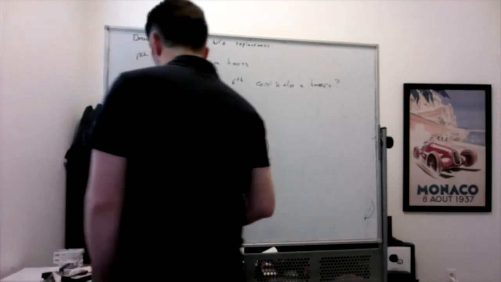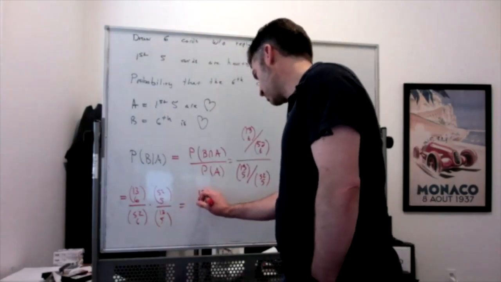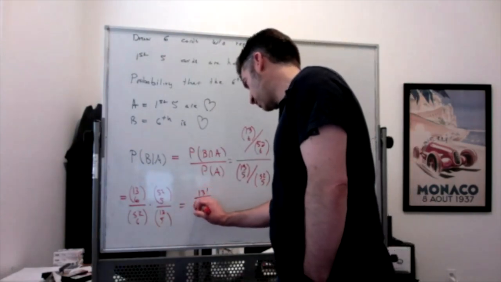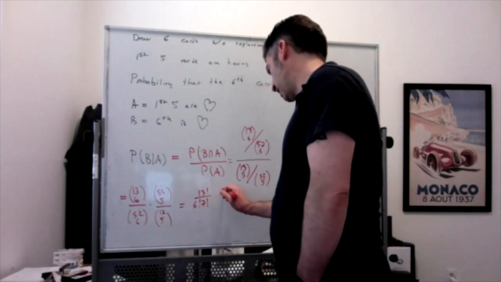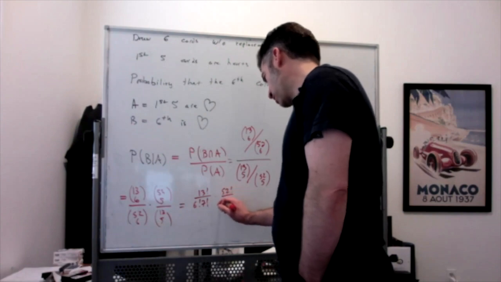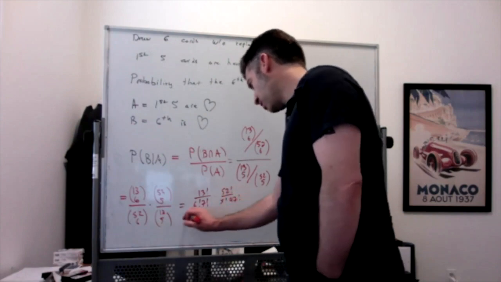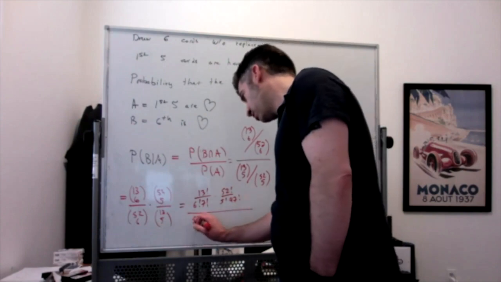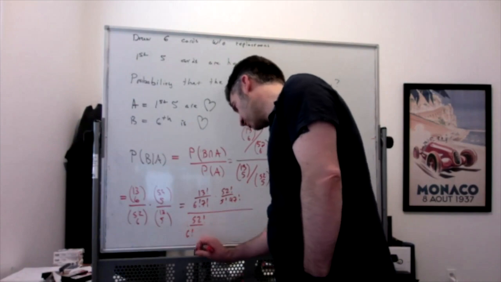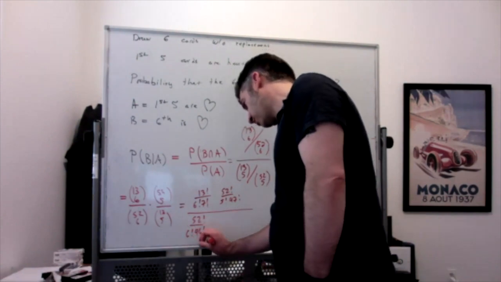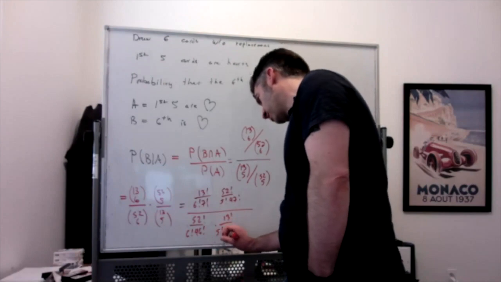Let's write these out. 13 choose 6 is 13 factorial over 6 factorial times 7 factorial. And 52 choose 5 is 52 factorial over 5 factorial times 47 factorial; 52 choose 6 is 52 factorial over 6 factorial times 46 factorial; and 13 choose 5 is 13 factorial over 5 factorial times 8 factorial.